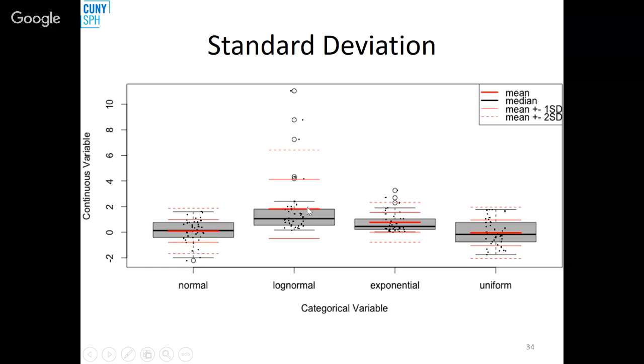If it's not normally distributed data, then all bets are off. And remember for the log normal, how I said, whoa, the mean is quite a bit different from the median? Well, the standard deviations now are really changed, and they're no longer anywhere close to the box or the whiskers.